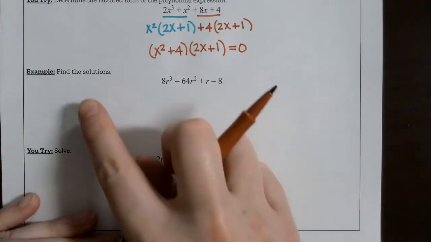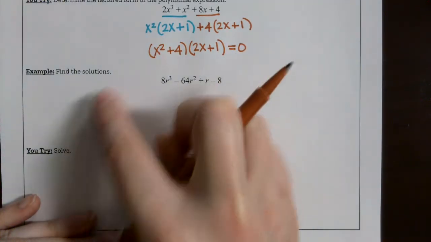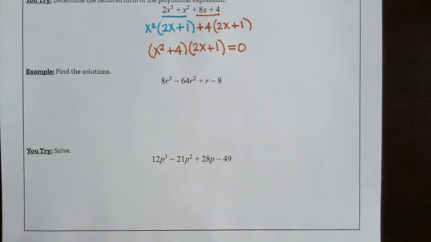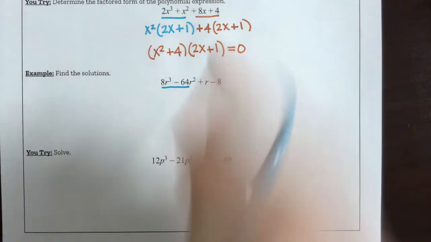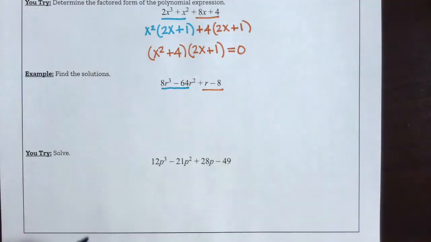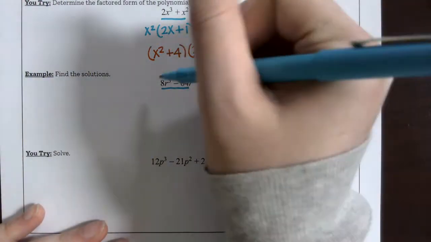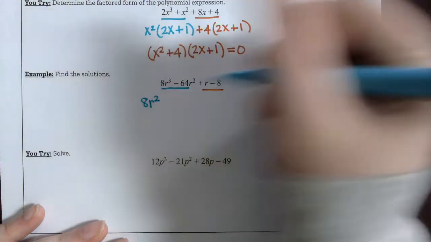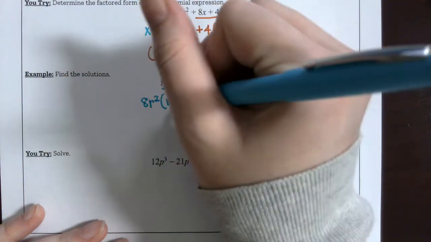Now these last two actually ask you to solve. This one says find the solutions and this one says solve. So I'm going to start the same way. I'm going to group my pairs together and pull out my GCF. For this one, these are both divisible by 8. I can pull out an r squared. I'm left with r minus 8.